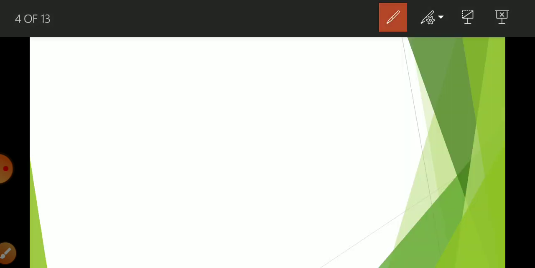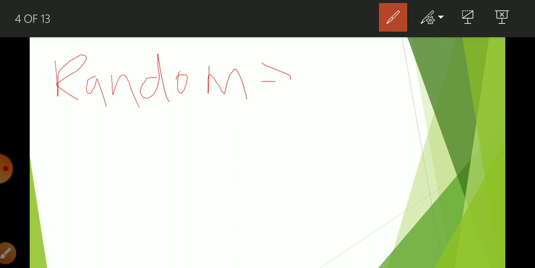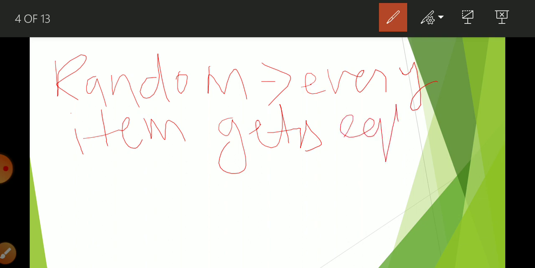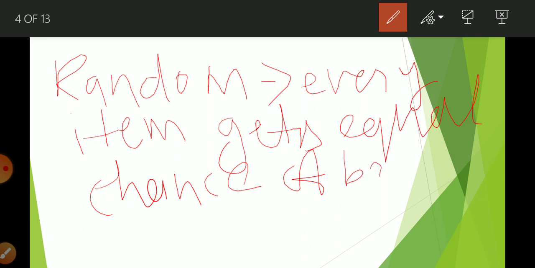Let me help you understand it. What is random sampling? In random sampling, every item gets equal chance of being selected.